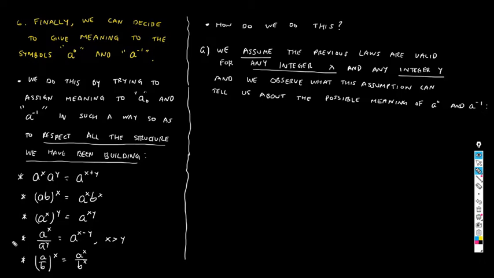enlightening. So let's pick this first law, which is this one, and it's being restrictive. But remember, now we're gonna assume that this law holds for any integer. So I'm gonna discard this restriction now.